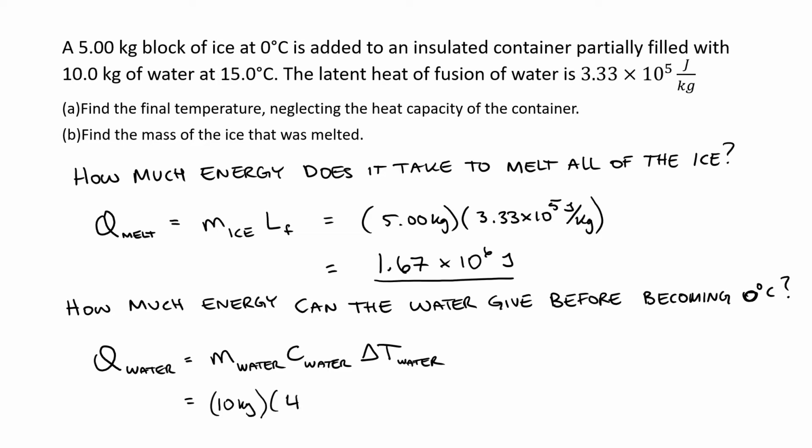Specific heat of water was like 4190 joules per kilogram degrees Celsius. And that ice chest of water is going to be cooling down in temperature. It starts at 15, but it's going to reduce in temperature down to 0 degrees final.